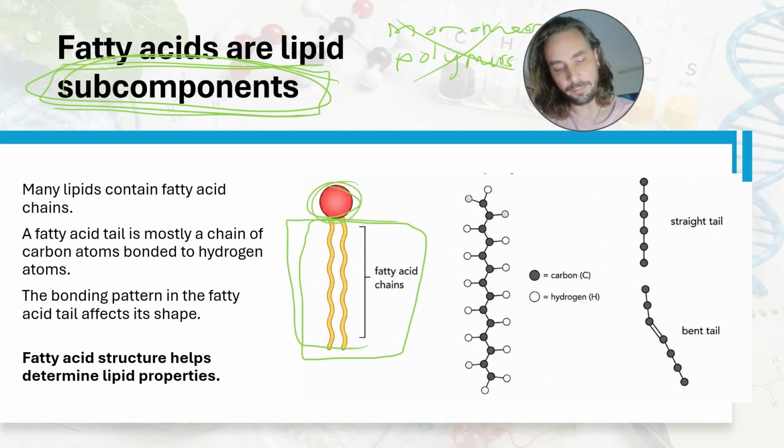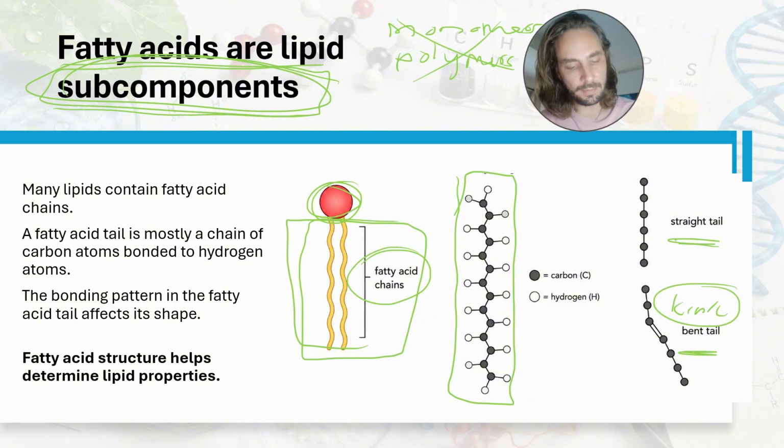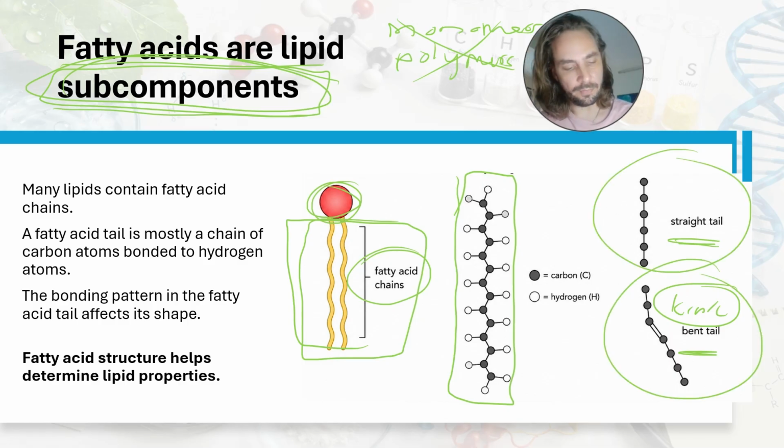This is a phospholipid, and it has a fatty acid chain. Okay, this fatty acid chain is just a long chain of carbon and hydrogen molecules, and it can either be straight or it can be bent. And if it's bent, we say that it has a kink.